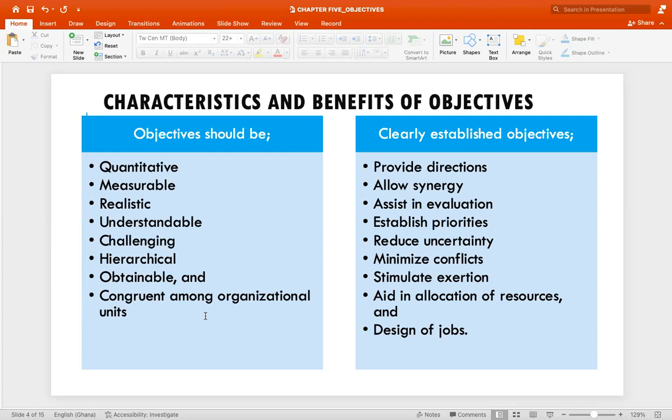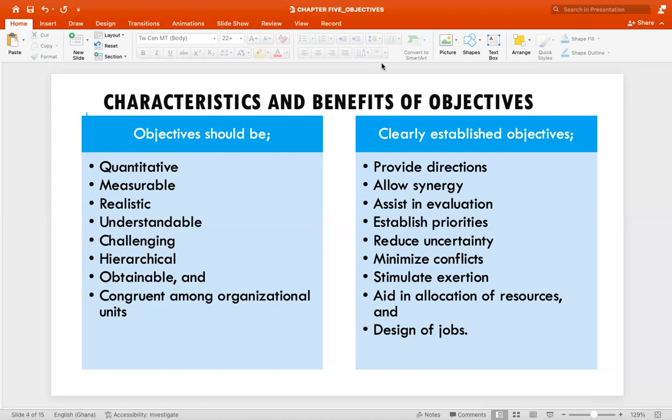For example, if marketing says you want to sell 10,000 units of a certain product in a particular year, production cannot be saying we can produce 5,000. By all means, production must be able to produce the 10,000 that marketing says they want to sell. So it must call for collaboration and all units working together for the attainment of the objectives that have been set. These are the characteristics.